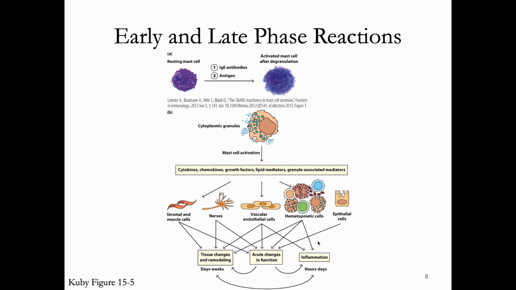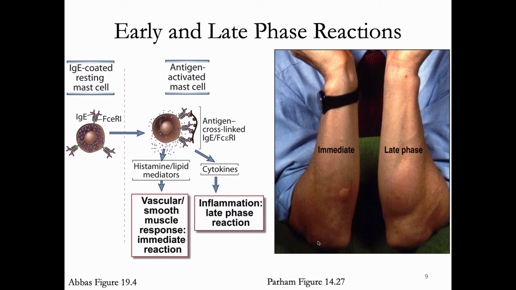The early phase responses are largely the ones happening relatively quickly, in terms of your muscle contraction and your expelling contents and starting all of these more anatomic types of changes, those changes in function. But if you actually wait till later, the cytokines particularly take over, and you start to see a much more inflammation-biased response as you see this late phase response.